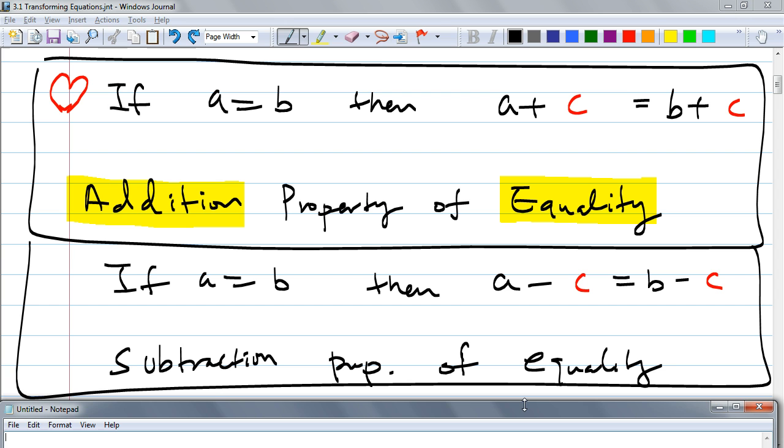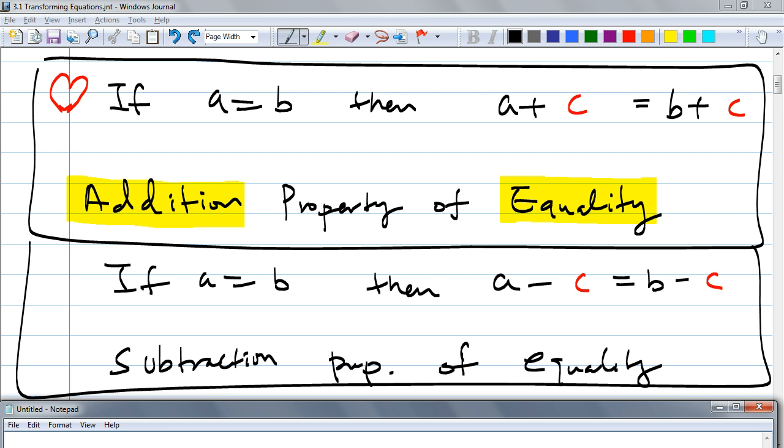By the way, which one do I like better, addition or subtraction? That's why I even put a heart there and highlighted addition, because subtracting is the same as adding the opposite. In real practice, when we deal with questions, you will find that adding is better than subtracting.